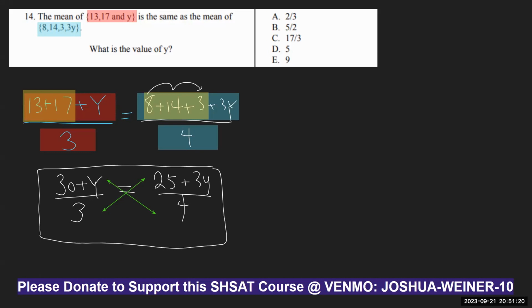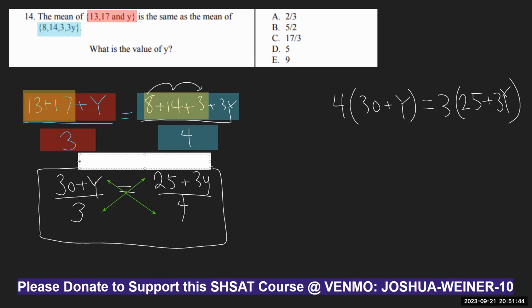So here we go. So we have 4 times 30 plus y has to be the same as 3 times 25 plus 3y. If cross multiplying is new, if you're in 7th grade, that's the skill that we're going to use after we set up a proportion.